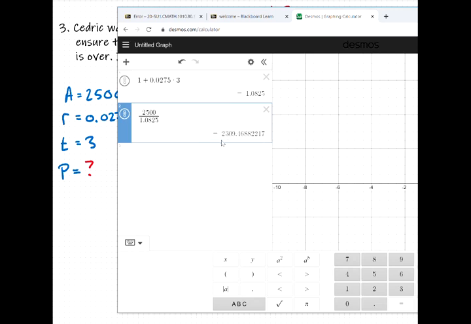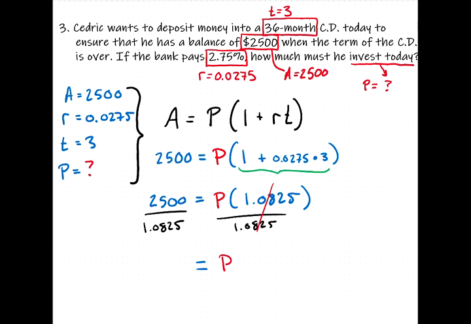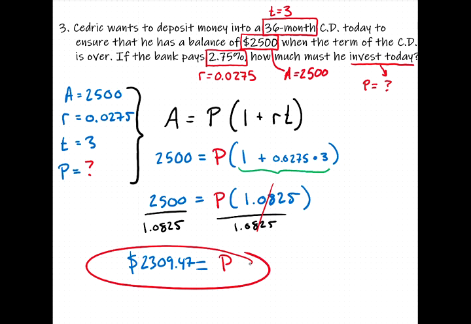It looks like $2,309.47. The third decimal place is an 8, so we have to round that 6 up to a 7. So 2,309.47. Okay, that does it for number 3.